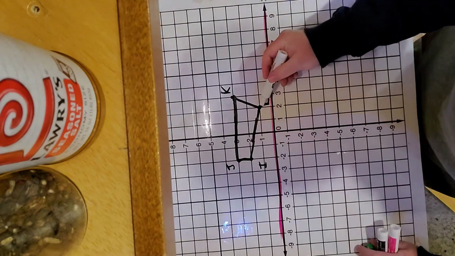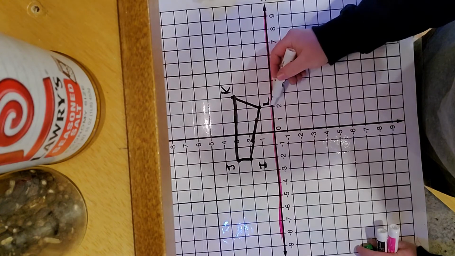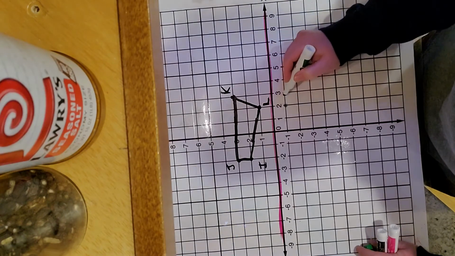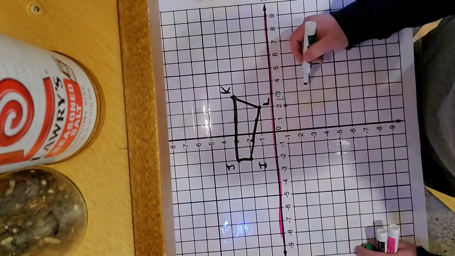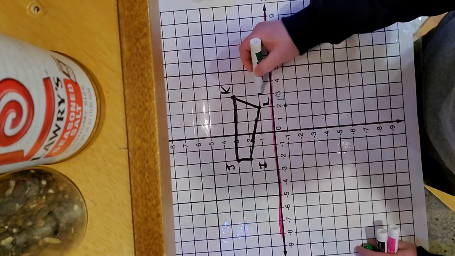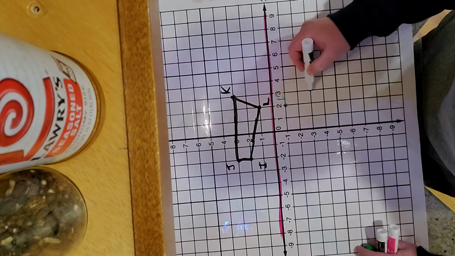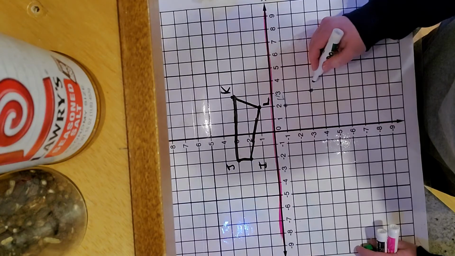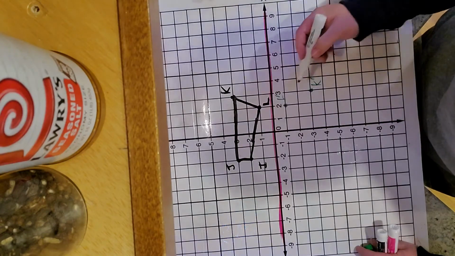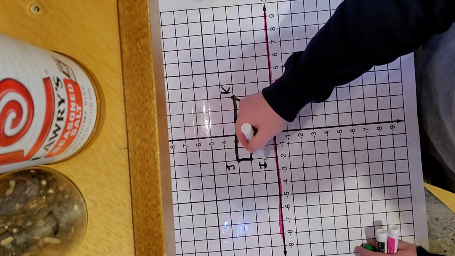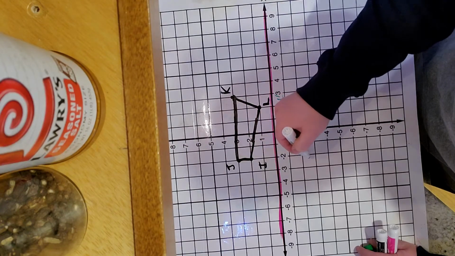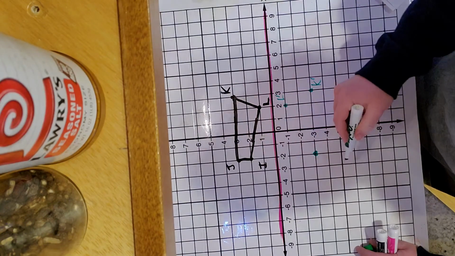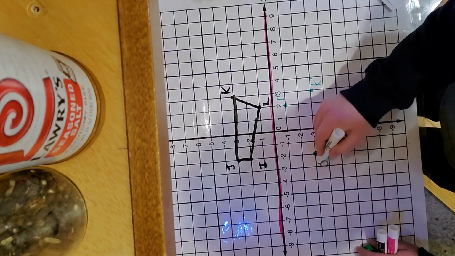Okay, now see how L is just 1 unit above. So 1 unit below right here would be the L prime. K is 1, 2, 3. So 1, 2, 3 below is the new K prime. J is 1, 2, 3 above. So 1, 2, 3 below is the new J prime.